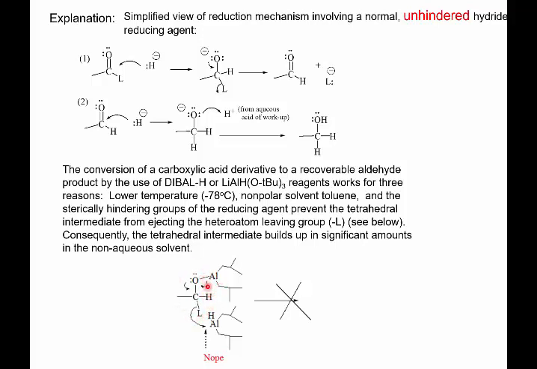Now, ordinarily what would happen is this L group, the heteroatom group, would break off, but it has trouble because the temperature is so low, and also there's toluene solvent. Breaking off as an anion wouldn't be very stable in the nonpolar solvent.